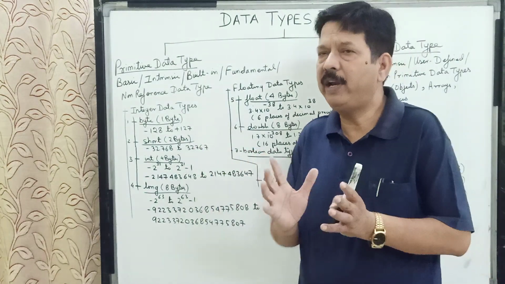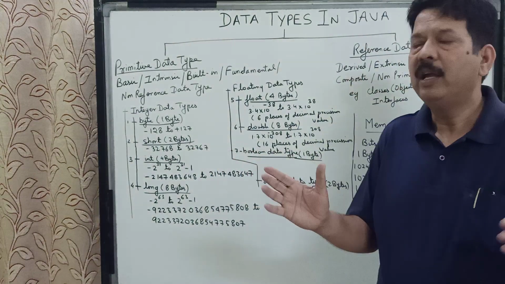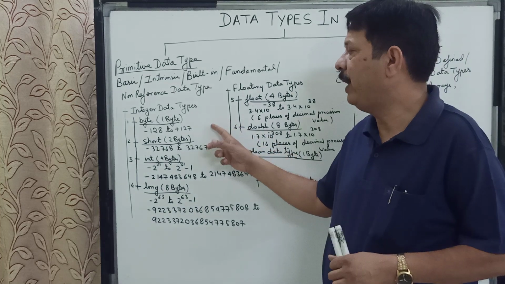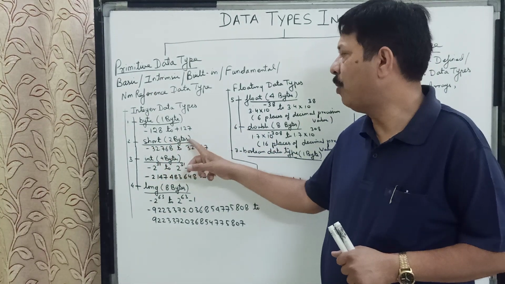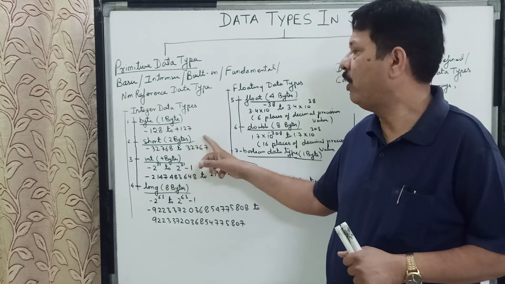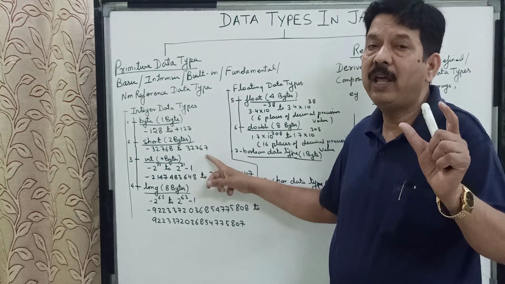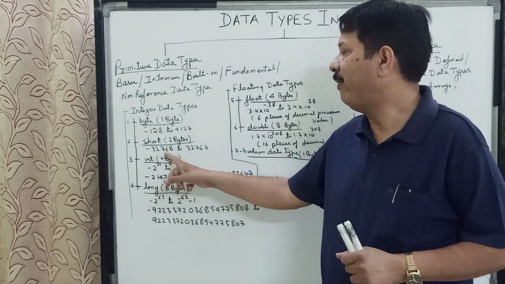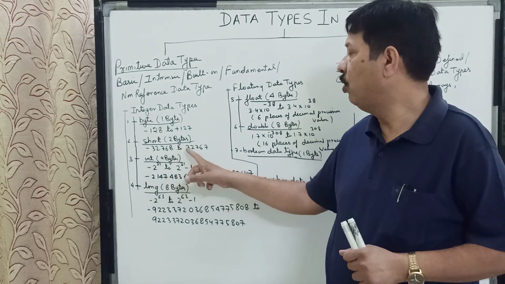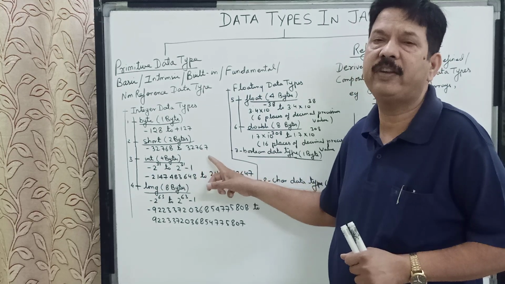Then children, if your data is a little bigger, then you can assign your data as data type short. Short stores 2 bytes of memory, and it can hold an integer number from -32,768 to 32,767.